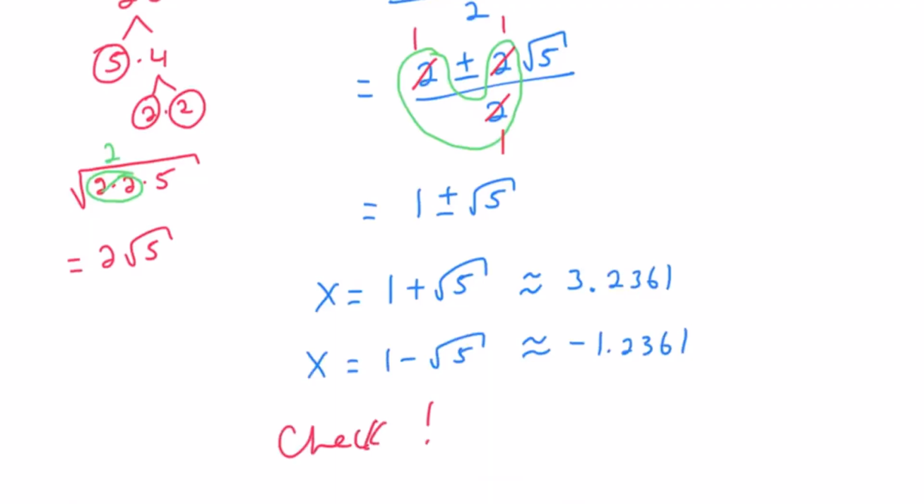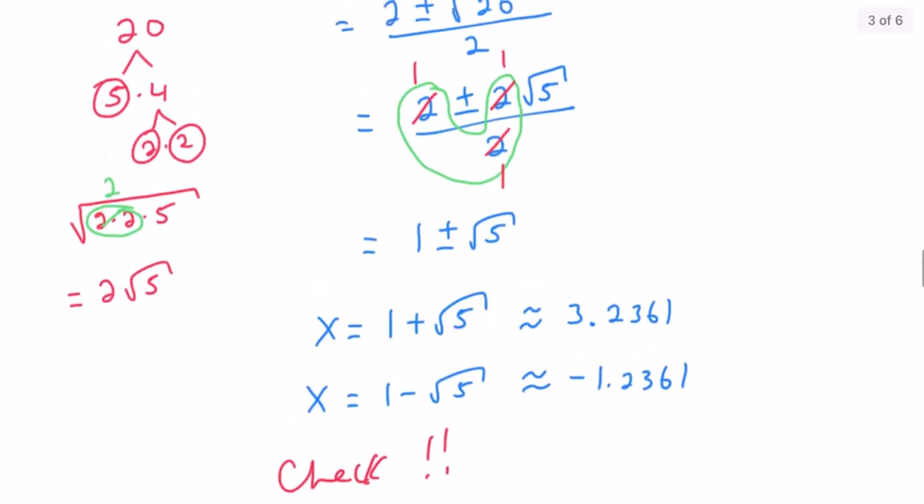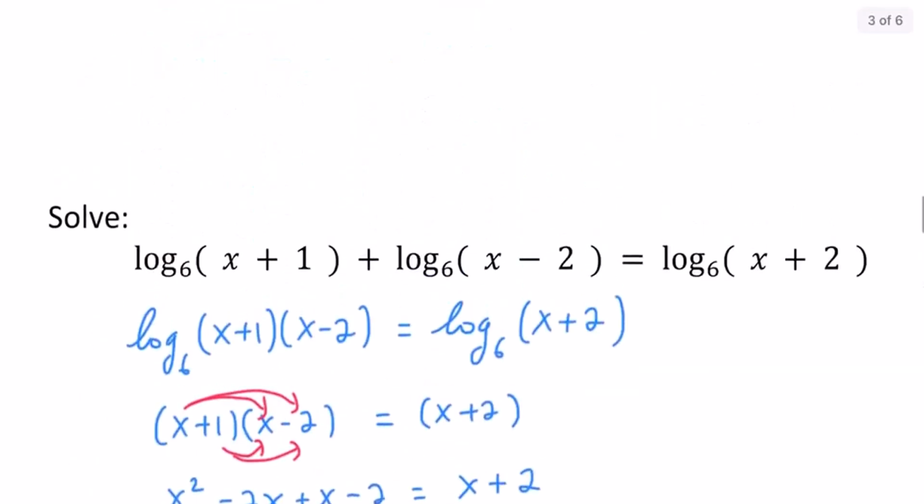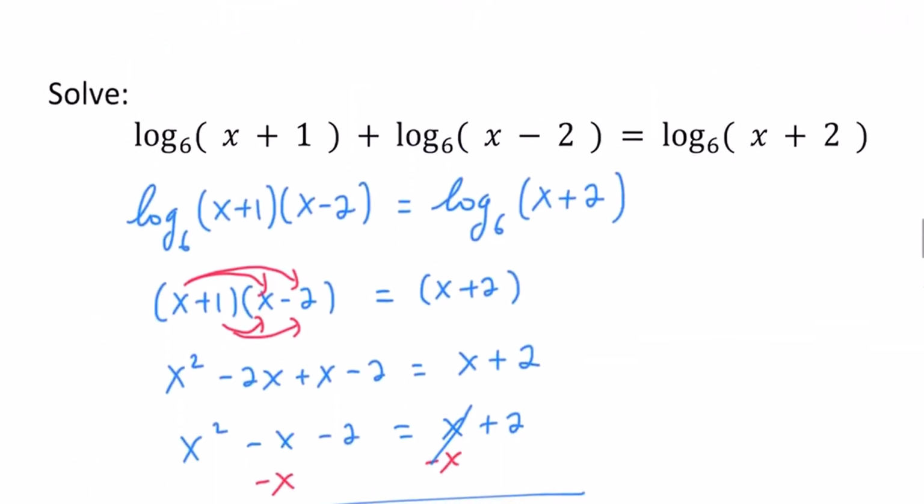So let's check for the first one. 1 plus the square root of 5, which is 3.2361. So again, we want to check for x is 3.2361.